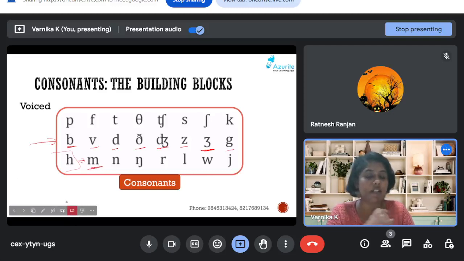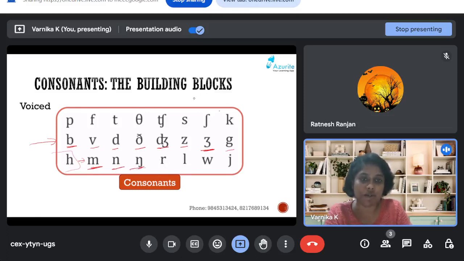Then this is just m, you shouldn't say an extra vowel with it, just the sound. That is this symbol. Then don't read this as n. It is just the n sound. This is a bigger, stronger n sound. You know this n in Hindi, right?